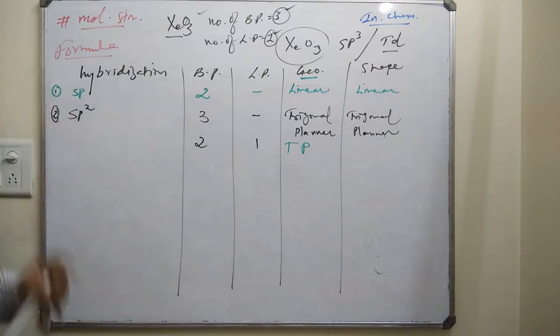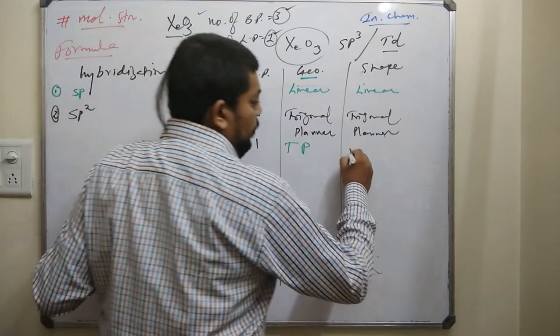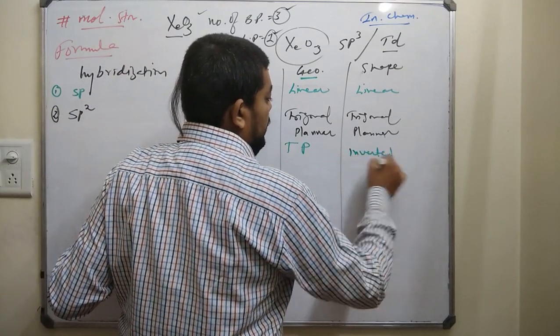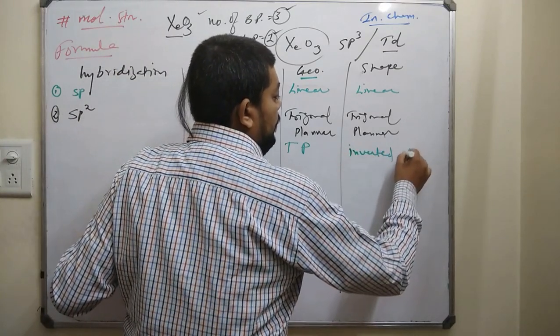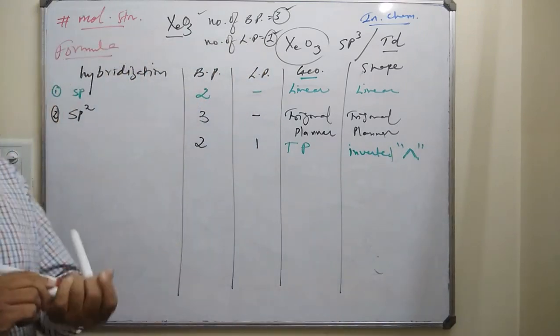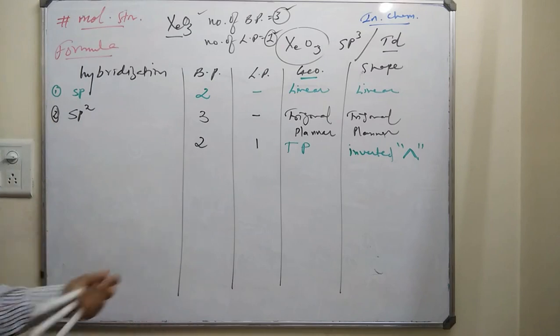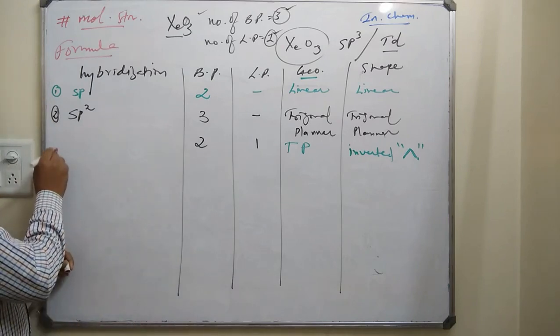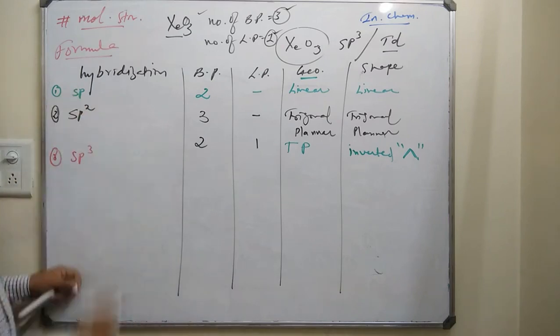But in such a case, your shape changes to inverted V. Sometimes we have seen people spelling it as bent, inverted V. The third one is sp3.